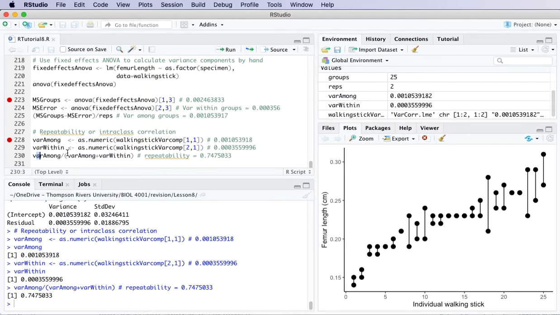We're expressing as a proportion of the total variance how much of the variance is between or among the individual insects. So just referring back to this graph again, it's how much of the total variance that's expressed in the plot as a whole can we attribute to actual true differences in mean femur length between the insects.